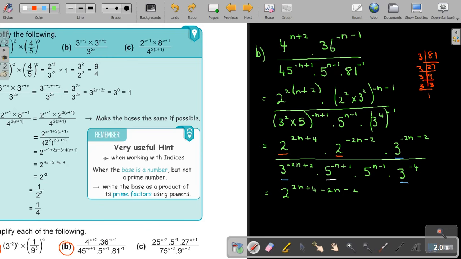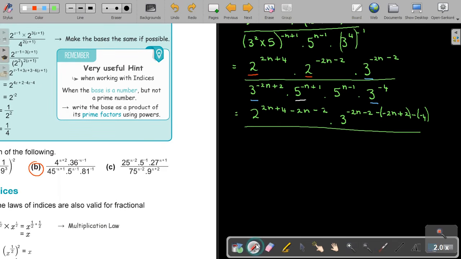Okay, and then it doesn't matter where I write the 3's, let's do it on top still. So it's negative 2n minus 2, but then it's minus, just put in bracket, negative 2n plus 2, minus negative 4.